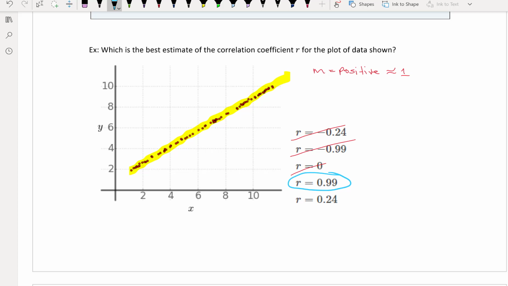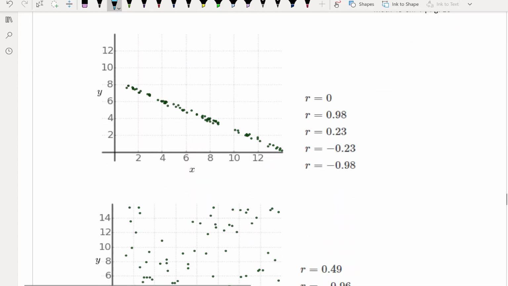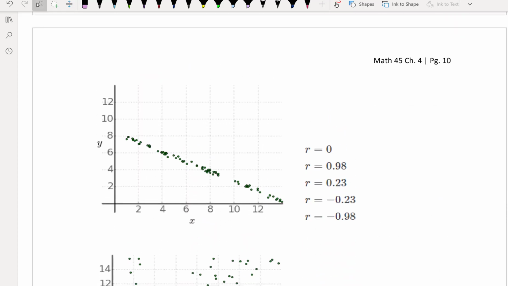Now let's look at the second example. If I were to draw a line through this, there's my line. It hits pretty much all of them. Maybe there was one or two that didn't quite get it. Again, the highlighter is very thick, but that's okay. So we know this is definitely going to be a linear relationship. That yellow line pretty much has all of the dots on there.